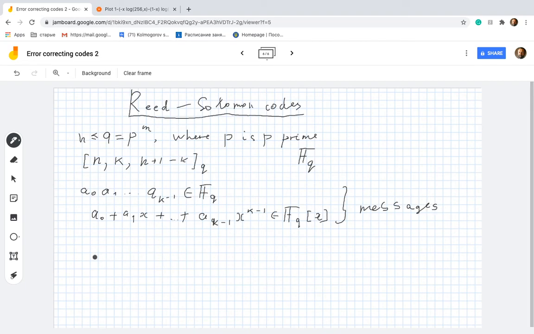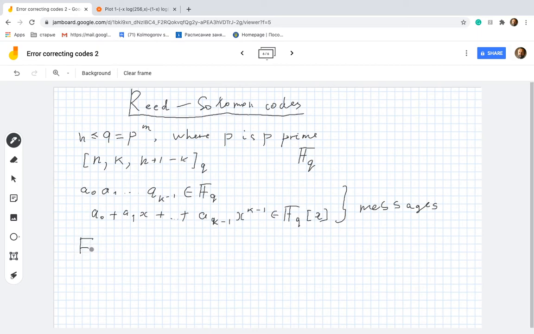And code words look like that. We fix some n elements in the field, pairwise distinct.